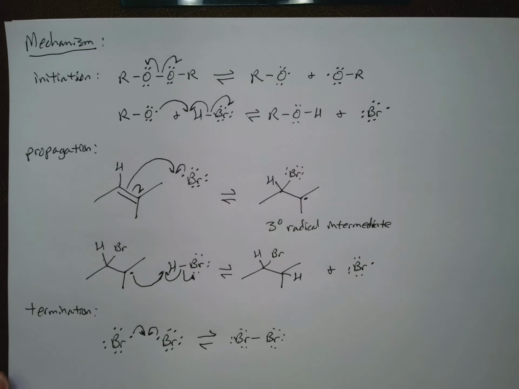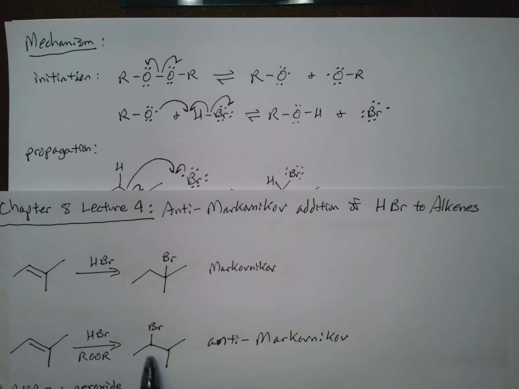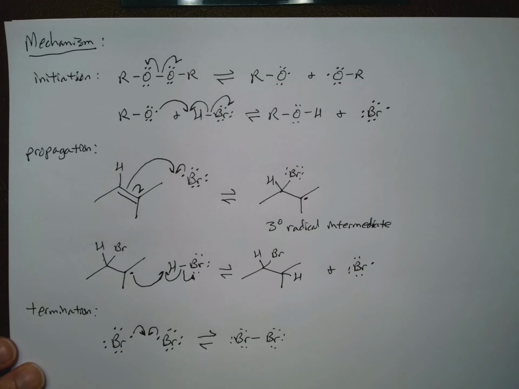Okay, now again, this is a way to stick your bromine on a different carbon in the double bond. Why would you want to do that? Well, a little later in this chapter, and then again in chapter 9, and actually going forward, we will look at synthesis.